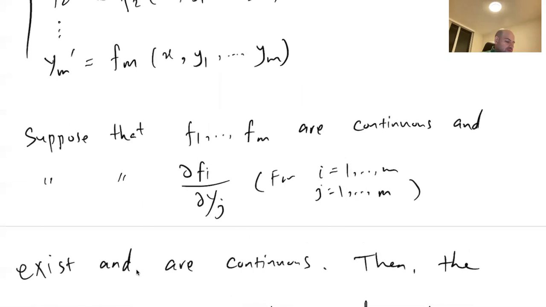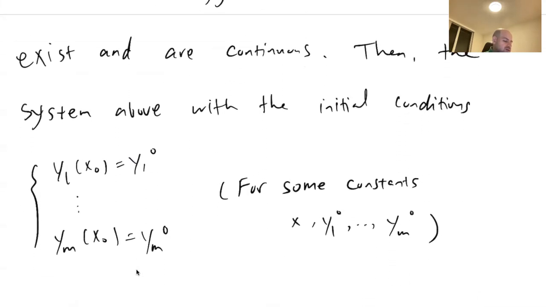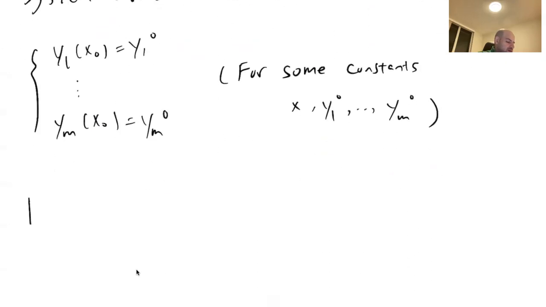So if the functions are continuous and the partial derivatives exist and are continuous, then this system, along with these initial conditions, has a unique solution.